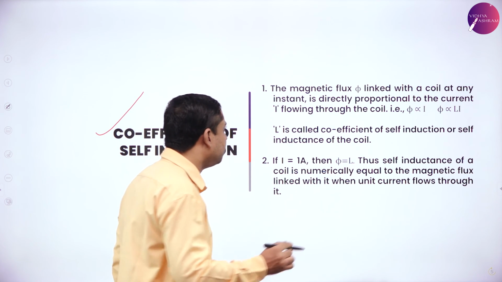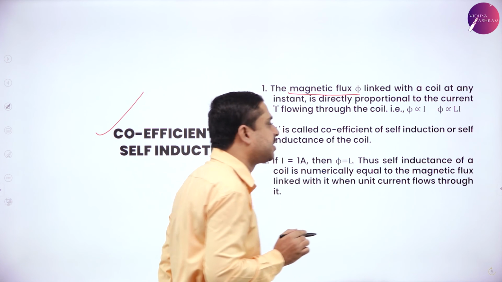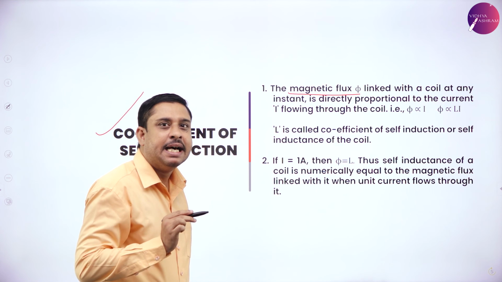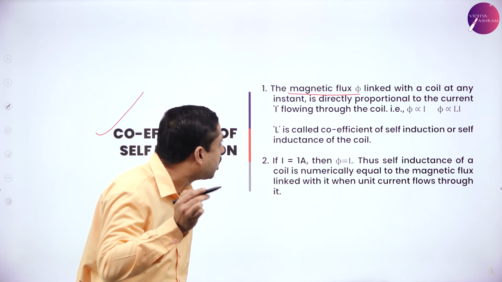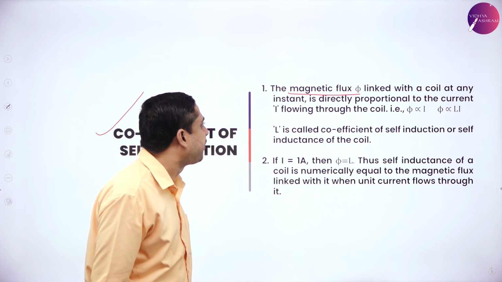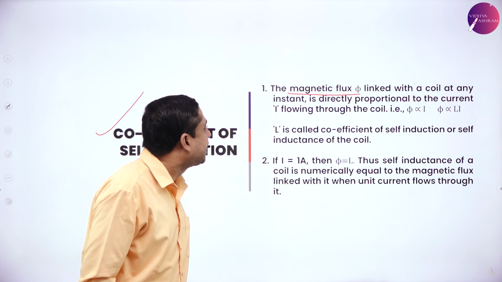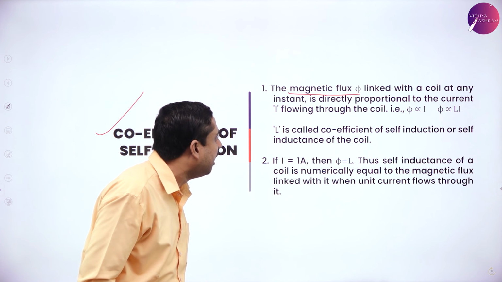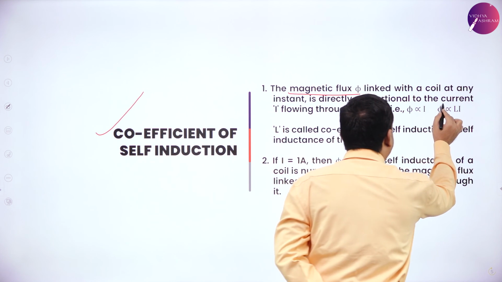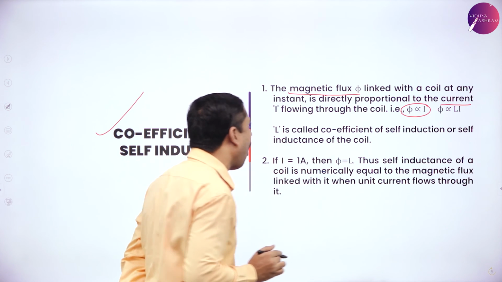Now, point number 1. We say the magnetic flux linked with any coil at any instant of time is directly proportional to the current flowing through the coil.